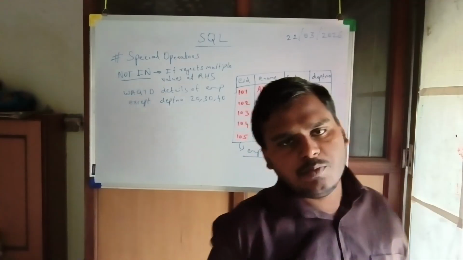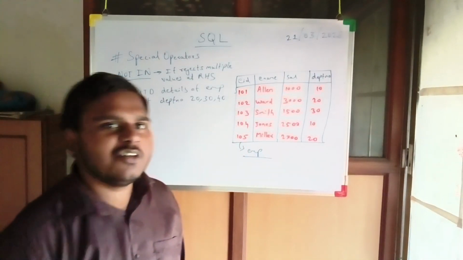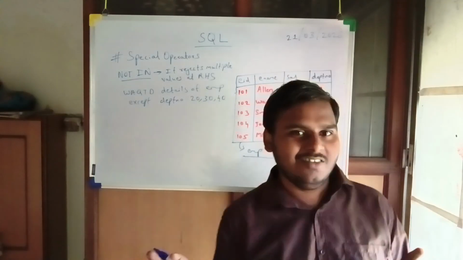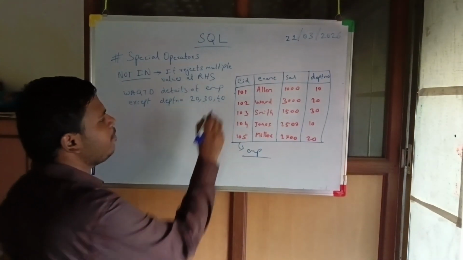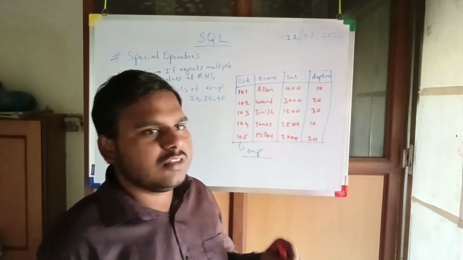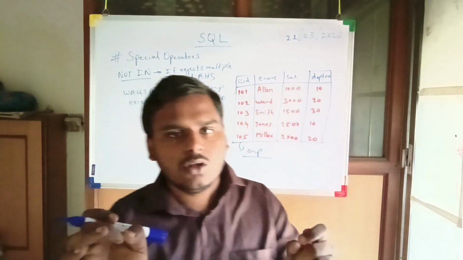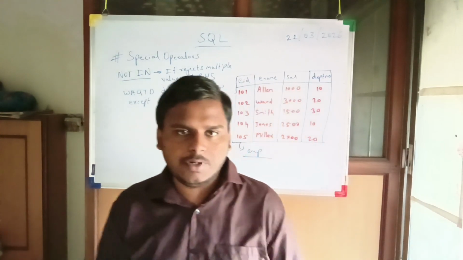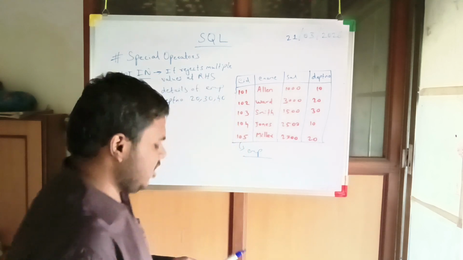One option is department number not equal to 10, or you will use AND. First of all, tell me clearly. I said I want the details of employees except department numbers 20, 30, 40. Without thinking about the IN operator, if you only know logical operators, how will you write the query? Check your knowledge.